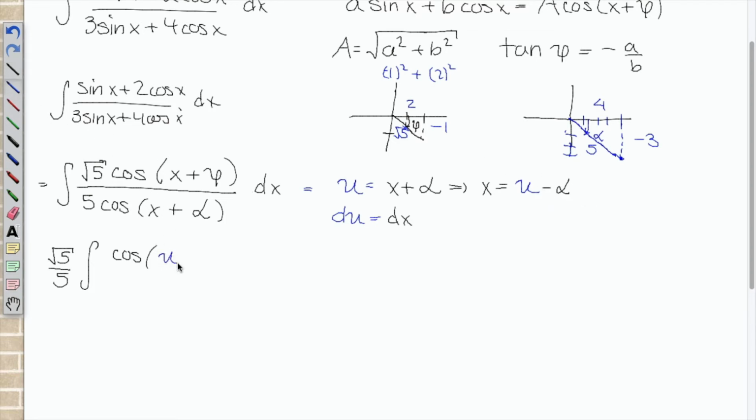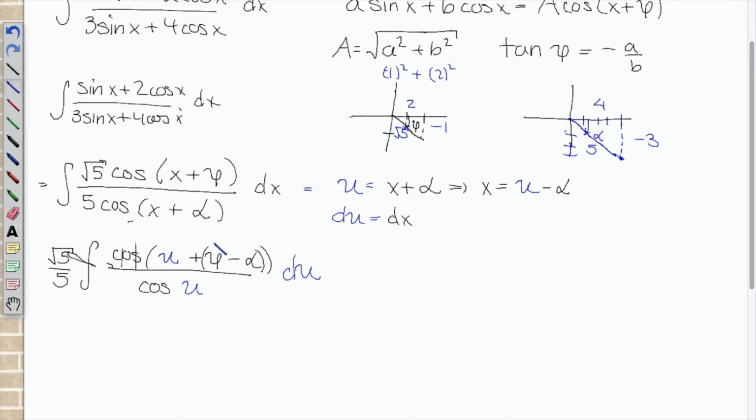This becomes u. I'm going to put plus phi first, and I'm going to subtract alpha here, and you'll see why in a second. I'm going to put parentheses around it because that's going to make it clear what's happening. Then we'll divide by cosine of u, and this is now du.